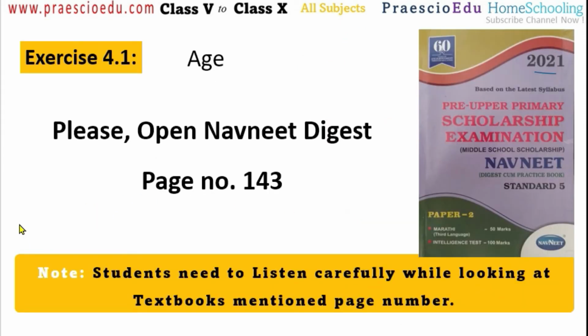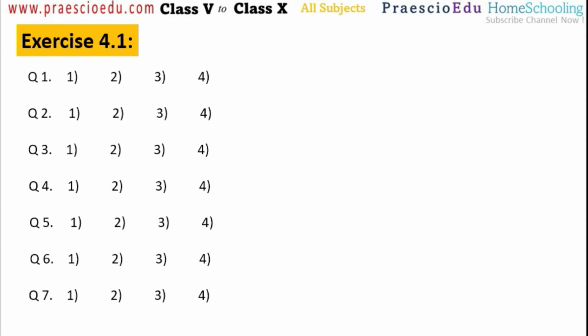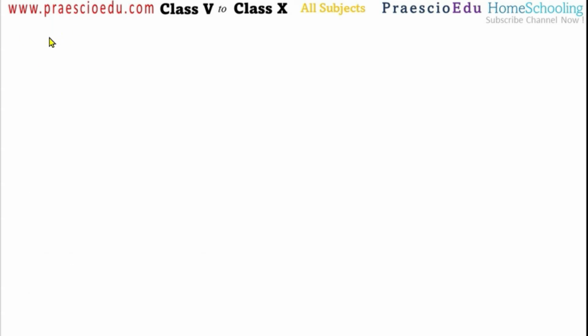Now we are going to see exercise 4.1 on page number 143. The first question, question number 1: Soumitra is younger than Soumya by 8 years. So their difference is given as 8 years.